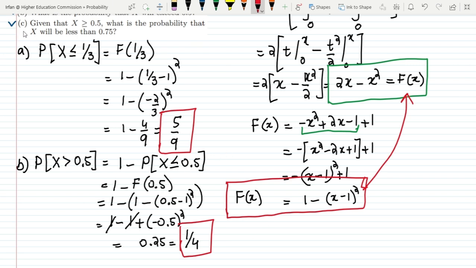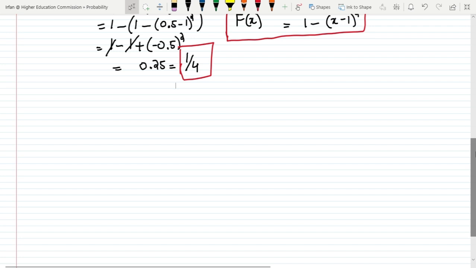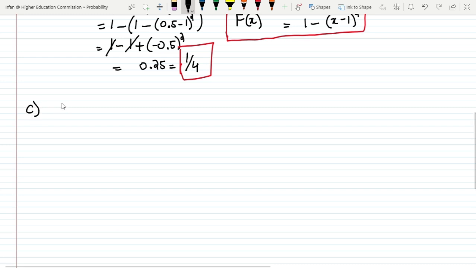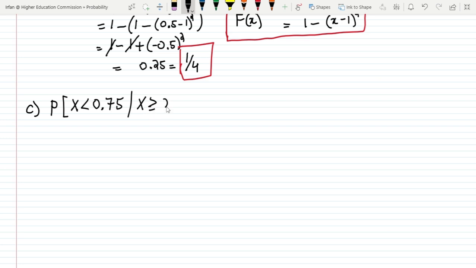Now in order to solve part C of my question, I can see that given that x is greater than or equal to 0.5, what is the probability that x will be less than 0.75? Let me move down again. That is basically the conditional probability, in which I have to find the probability that x is less than 0.75, given that x is greater than or equal to 0.5.